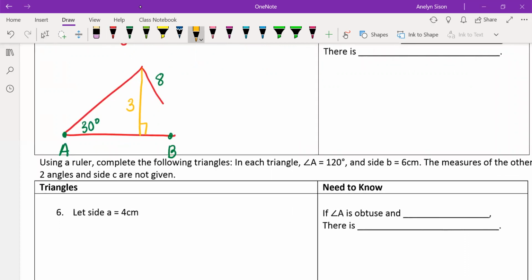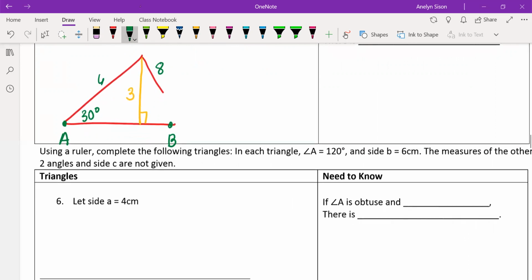Now, if this is 8 and this one here is 6, can I make 2 triangles or just 1? So 8 is longer than 6, right? I can only make 1. If I extend this longer, then I can try and fit 8 over here, longer than the 6.